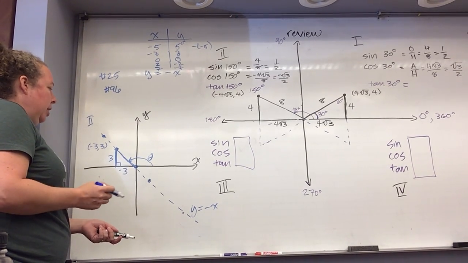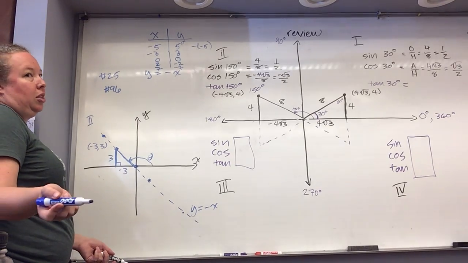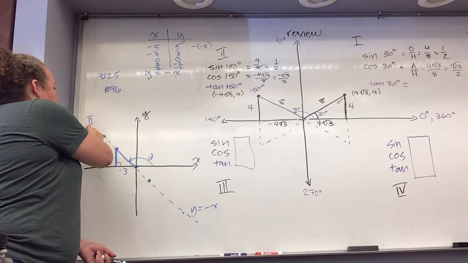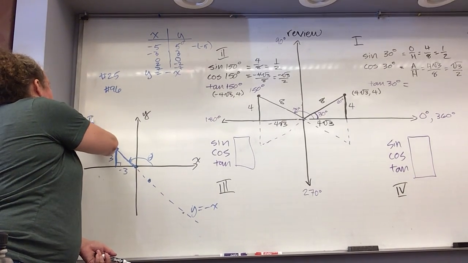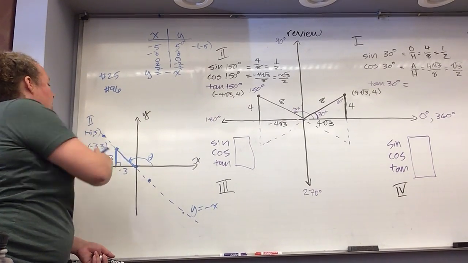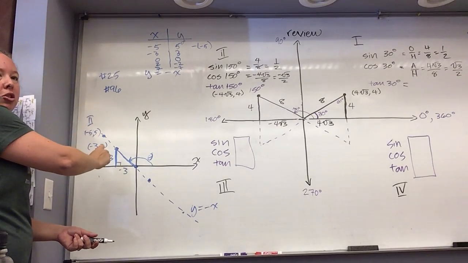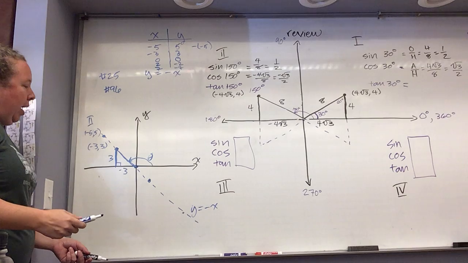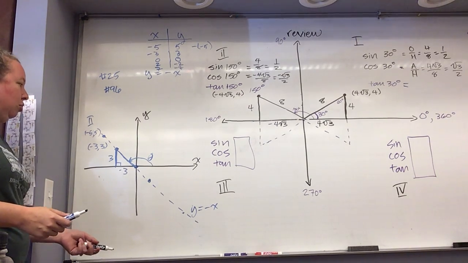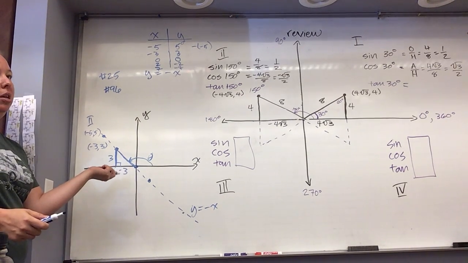But again, it's not going to depend on the size of the triangle. We could easily have picked this other point, negative 5, 5. We just as easily could have made the triangle here and still used that. Okay, so if we're going to find the 6 trigonometric ratios, what's the piece that we're missing on this triangle?